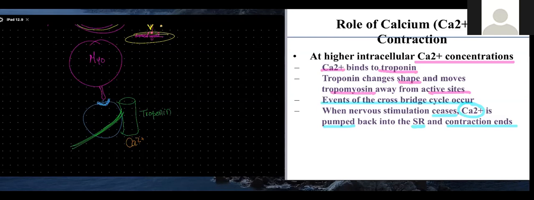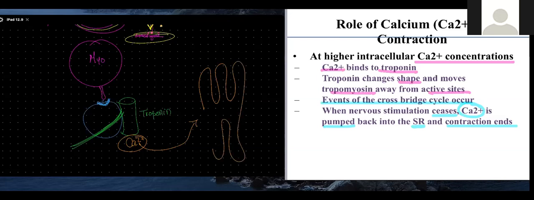What happens if you are not sending a signal to your skeletal muscle? You're going to be pulling this calcium back into the sarcoplasmic reticulum, to the inside of those flattened tubules. And this will allow the troponin to return to its initial shape, getting the tropomyosin back to its place, covering the binding site on the actin subunit.